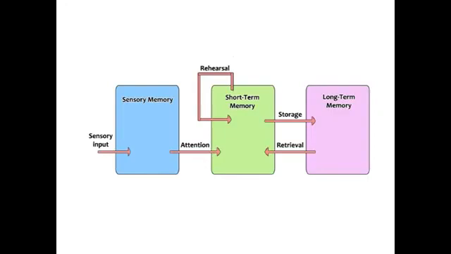Sensory memory holds the information from the environment in its original sensory form for only an instant, not much longer than the brief time a student is exposed to the visual, auditory, or other sensations.